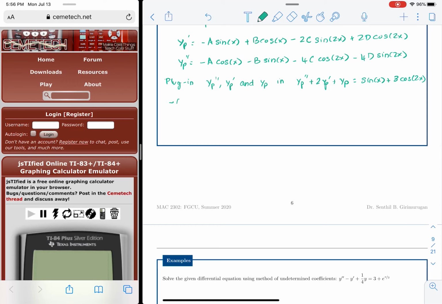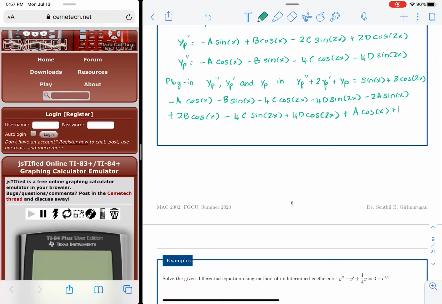So we will have minus a cosine x minus b sine x minus 4c cosine 2x minus 4d sine 2x, minus 2a sine x plus 2b cosine x minus 4c sine 2x plus 4d cosine 2x, and yp, which is a cosine x plus b sine x plus c cosine 2x plus d sine 2x, equals the right hand side, which is sine x plus 3 cosine 2x.